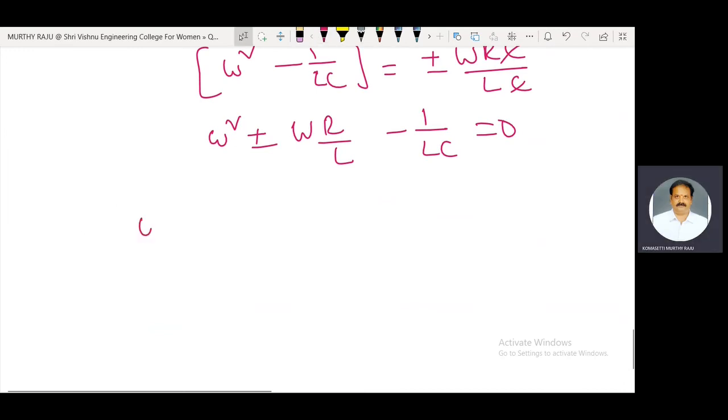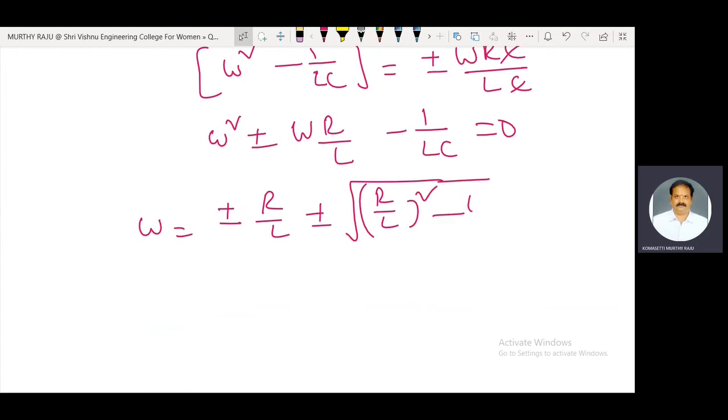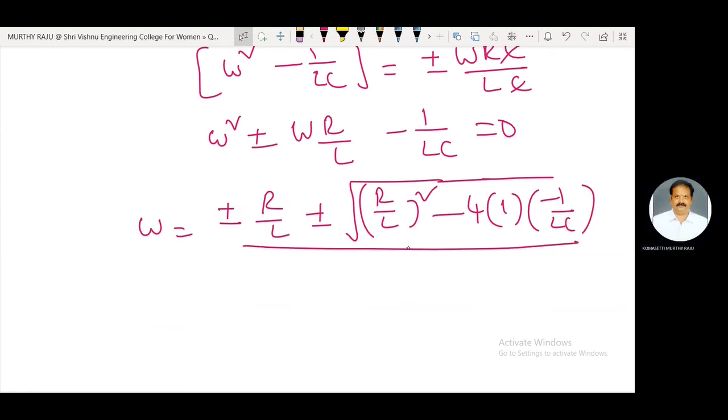This one is omega equal to minus B plus or minus square root of B square minus 4AC, by 2A. Minus B means minus into plus, minus into minus plus. Therefore, as it is, R by L plus or minus square root of B square, that is R by L whole square, minus 4 into A is 1, C is minus 1 by LC, by 2 into 1.